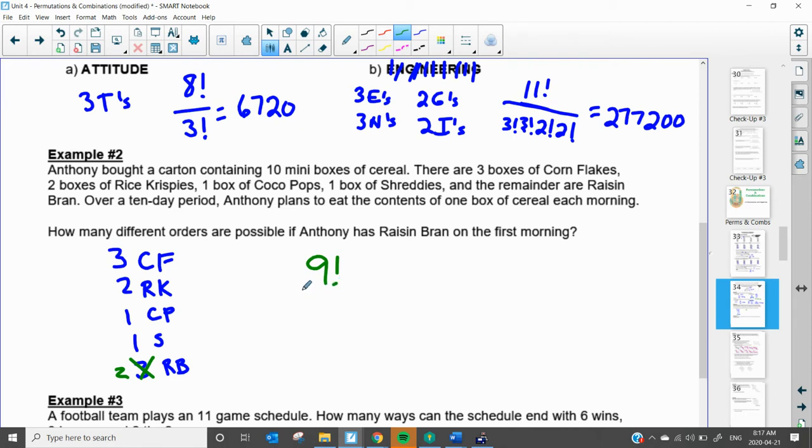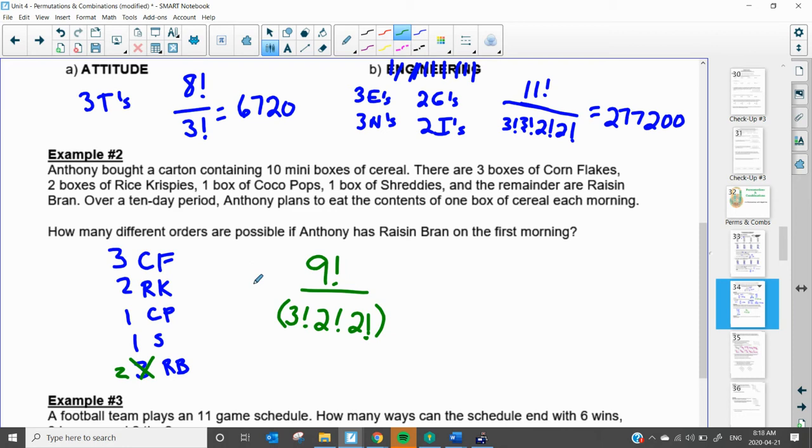So 9 factorial, but if we divide by our repeats, there are 3 cornflakes, 2 Rice Krispies, and 2 Raisin Bran. So this is a slight variation in that you have to consider how many Raisin Bran there were. You also have to consider that if Raisin Bran is eaten on the first morning, there's only that 1 box, so it's already out of the picture.